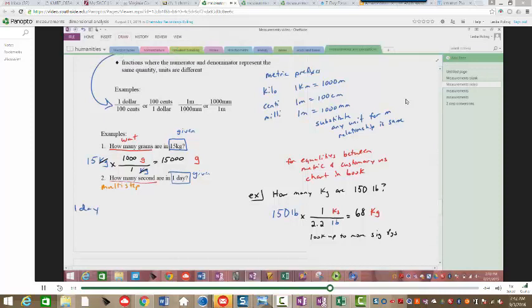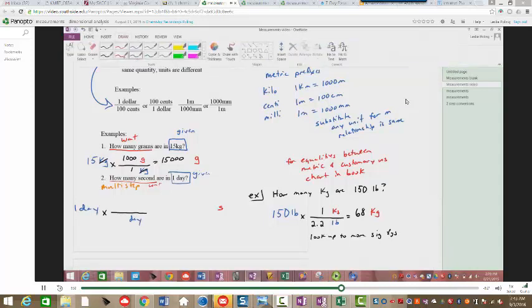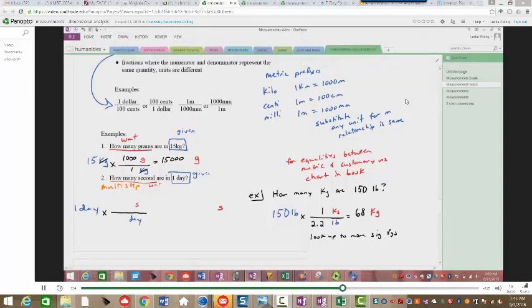And what we want is seconds. So we're going to follow the same procedure we did before and give ourselves a fraction. Day goes in the bottom, so it cancels. Seconds goes in the top.